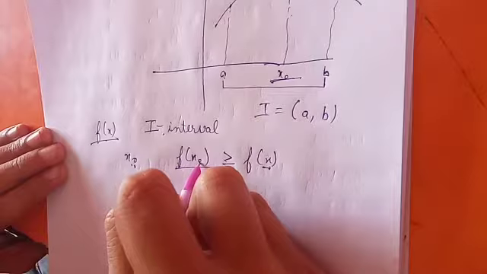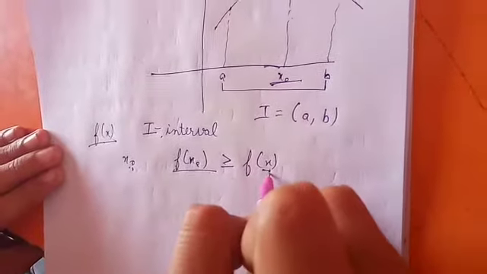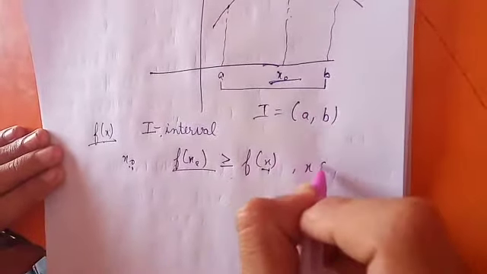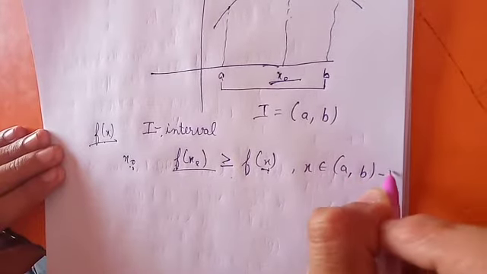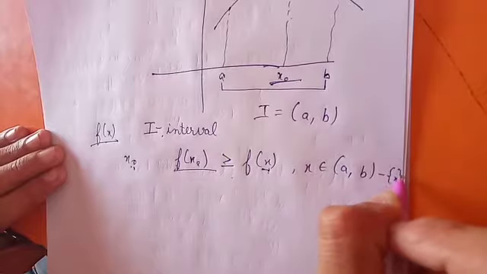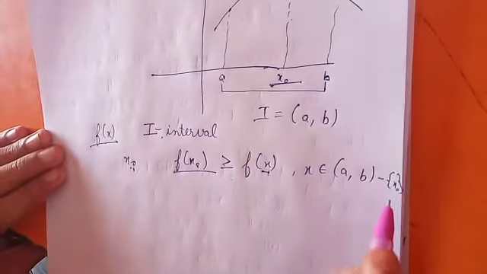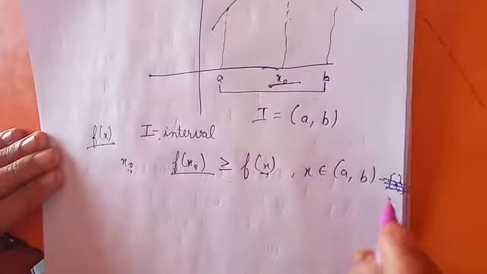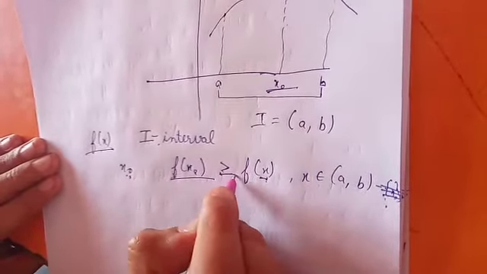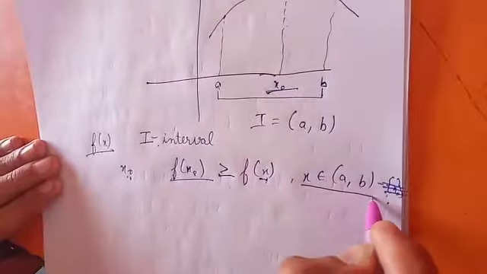So f of x naught is greater than f of x, where x belongs to a to b minus x naught, meaning x should not be x naught, or otherwise if we put x naught it will be equal. So x must belong to a to b.